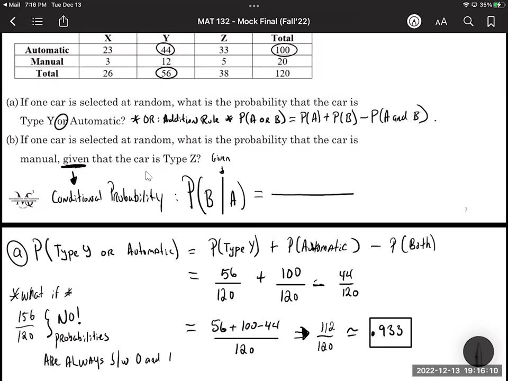Somebody asked me if I have a sheet of the keywords for the probabilities. Unfortunately, no, I don't. But for number 4, you need to know or and conditional probability. What I'm writing here is what you need to know as the formulas and the keyword.